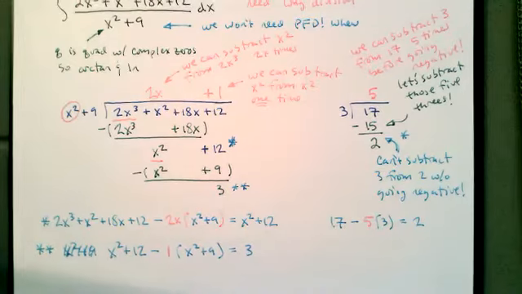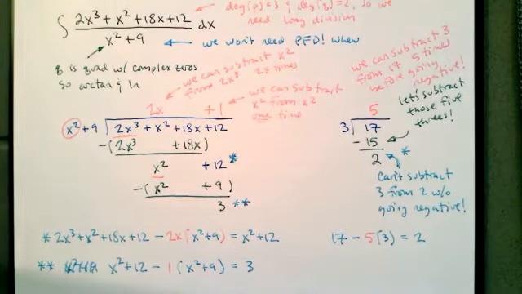So we can now rewrite our rational function as 2x plus 1 plus 3 over x squared plus 9.